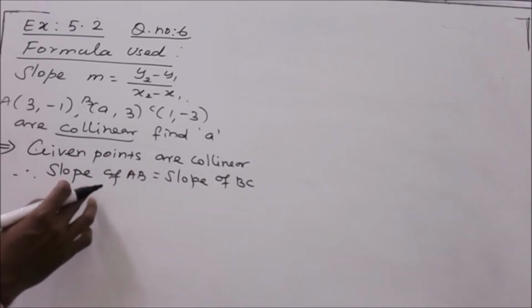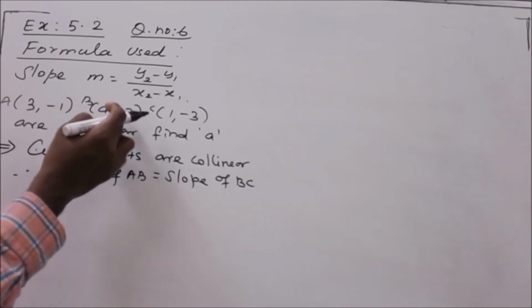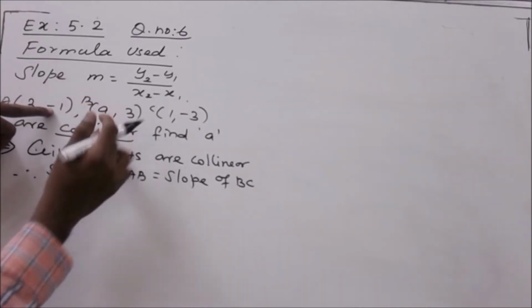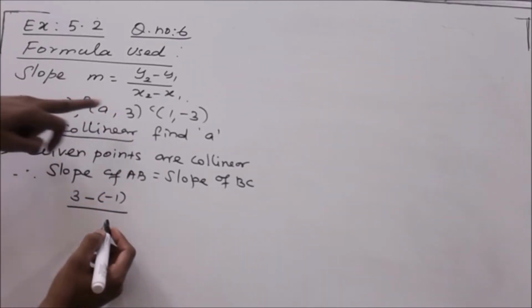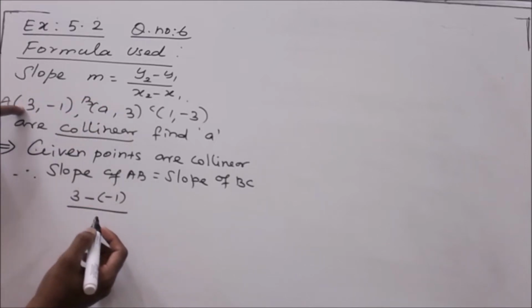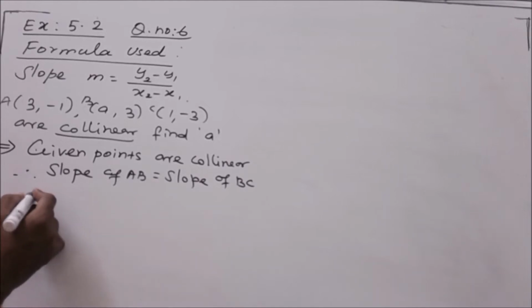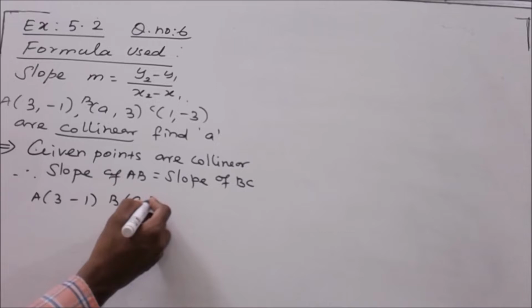Now slope of AB means slope is y2 minus y1 by x2 minus x1. A is (3, minus 1) and B is (a, 3).